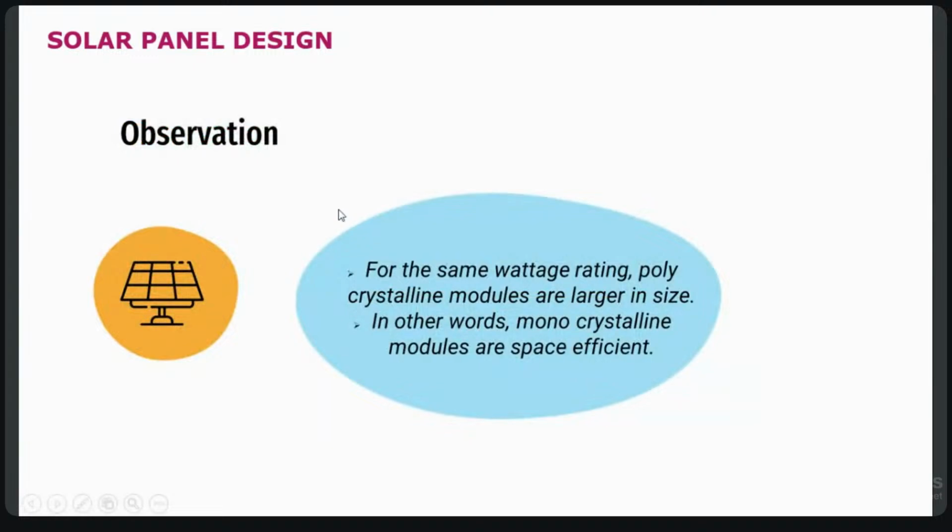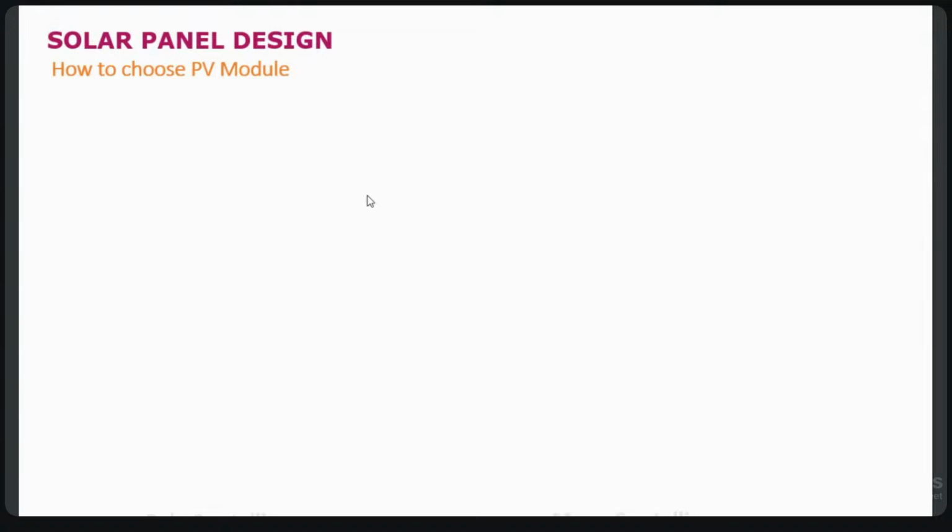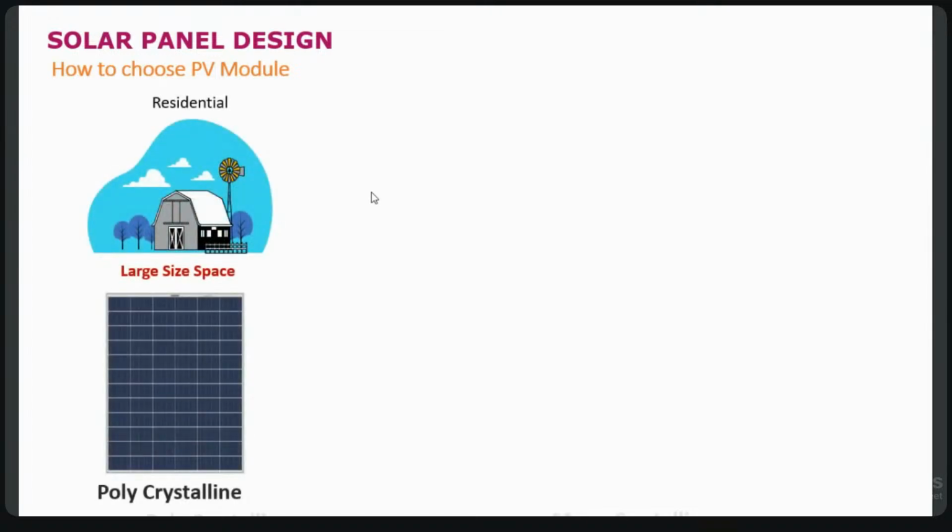We also need to observe, when we consider poly or mono, for some wattage rating, polycrystalline models are larger in size. In other words, monocrystalline models are space efficient. So generally, they will go for domestic or industrial application. How do we choose the PV model in residential and commercial?